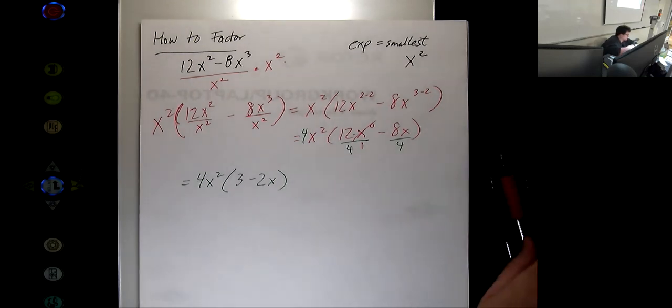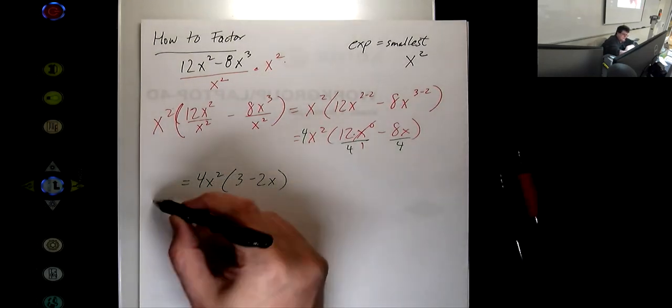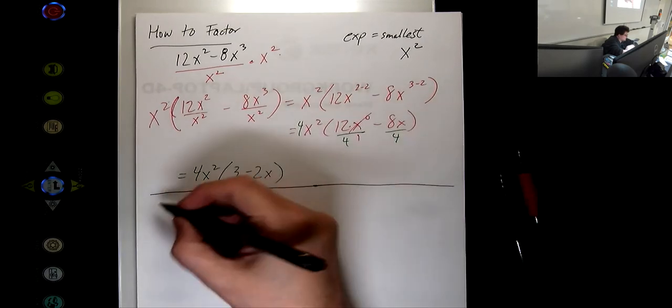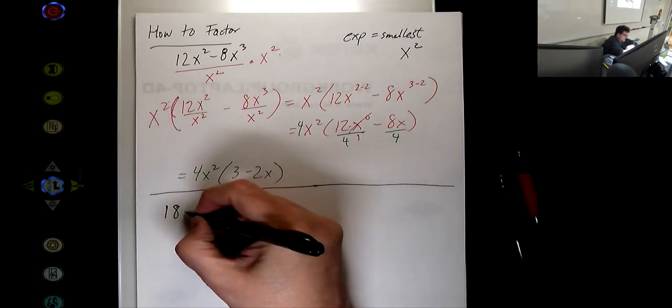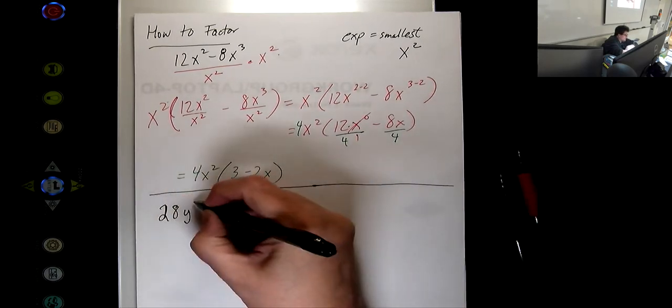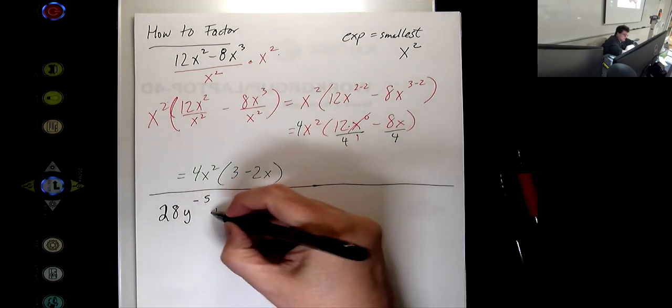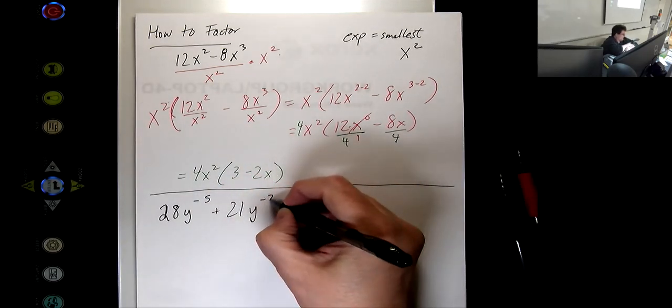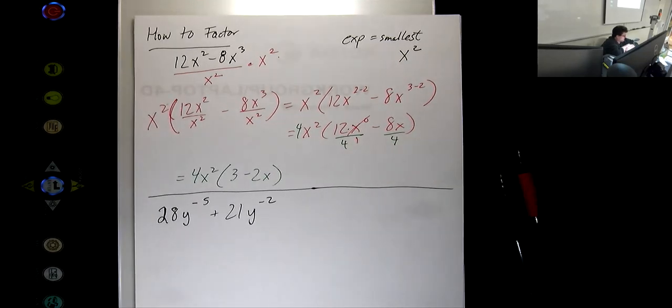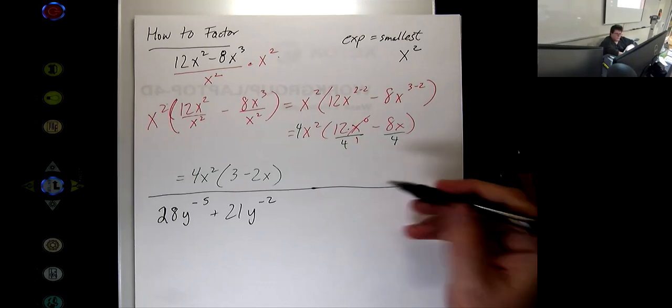Okay, so let's kick that up to stuff that's weird. 28y to the negative 5th power plus 21y to the negative 2 power. I'm going to apply the same principle.